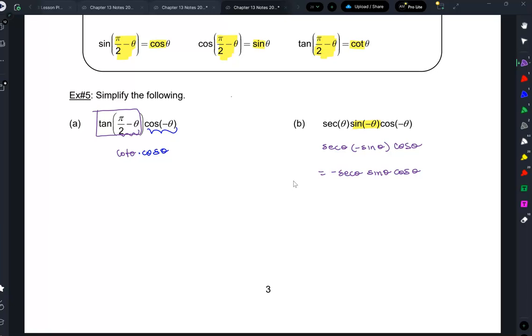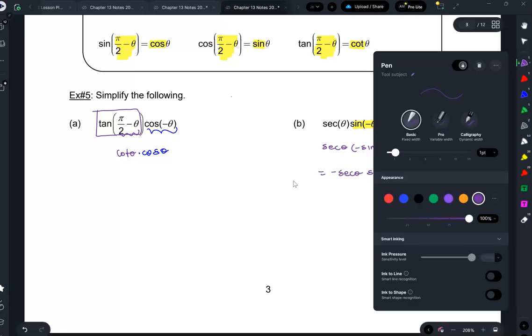So here what we got was cotangent and cosine, right? Now, more often than not, we are going to reduce these or change them so that they are all written in terms of either sine or cosine, right?